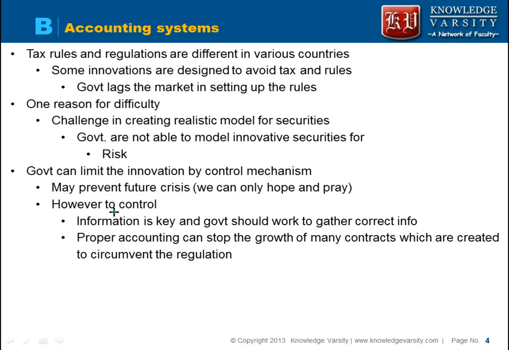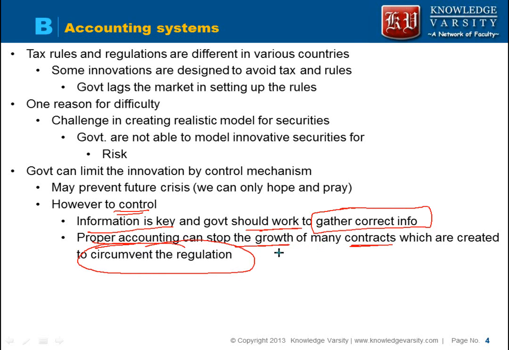To control things, we need to make sure that the government has the information. So information is key, and government should work so that it gets the correct information. Also, proper accounting is the key. Proper accounting can stop the growth of many of these contracts which are just created to circumvent the regulation.